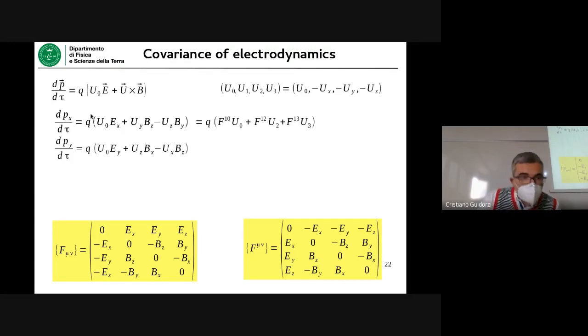Very beautiful. So you can play the same game for the y component. Here is Ey instead of Ex, and then here you have the y component of a vector product, so the mixture of z and x. But again, E0 is still E0, and Ey is F20 here. Plus what? Well, uz is minus u3, but F23 is minus Bx.